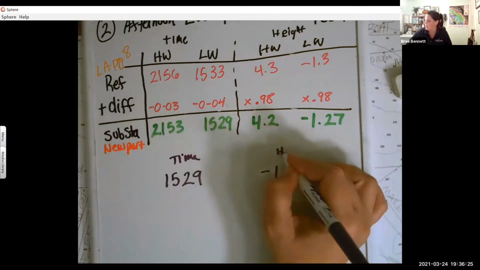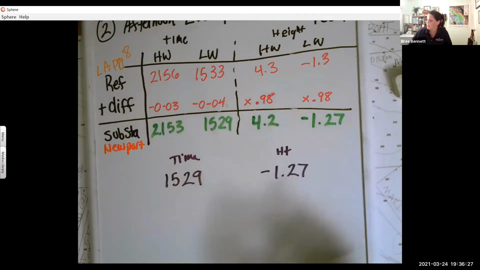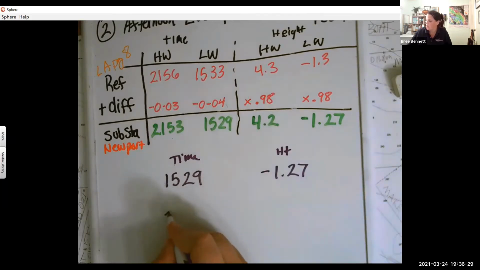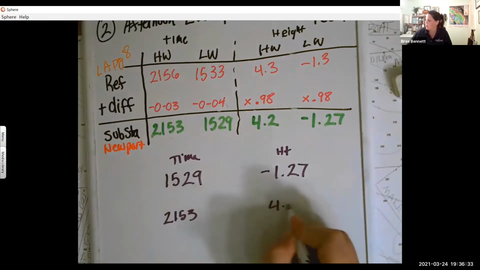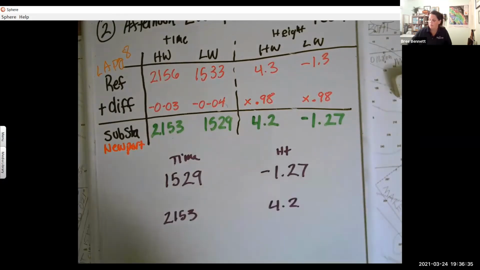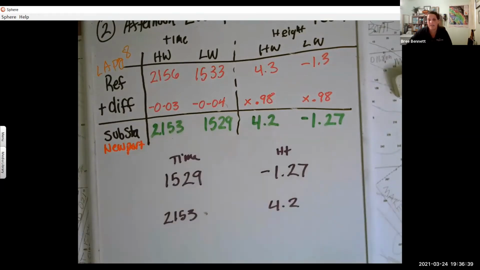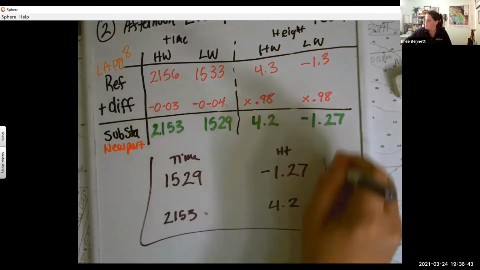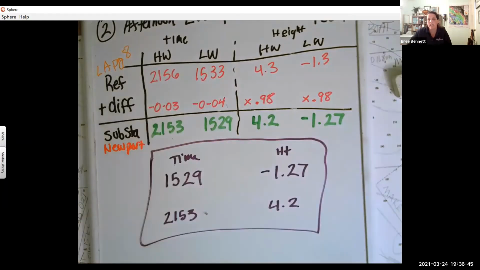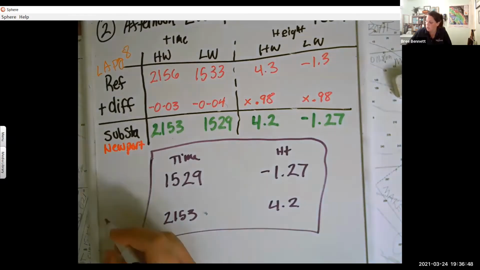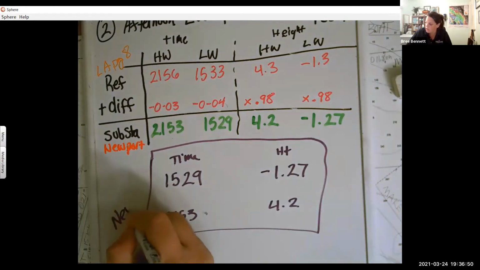This is my height. And then at 2153, my height was 4.2. So if I'm looking for something in between, I can find that. But this is my chronological order of my subordinate station of Newport.